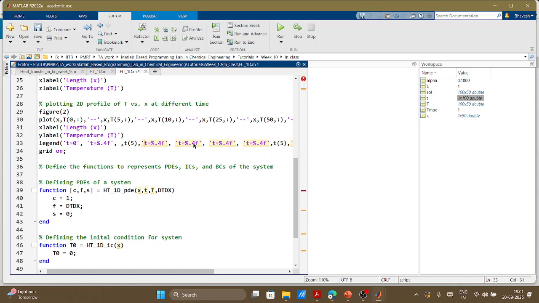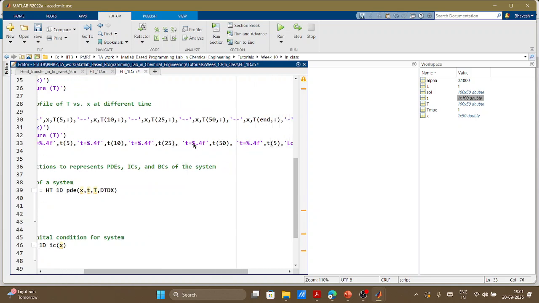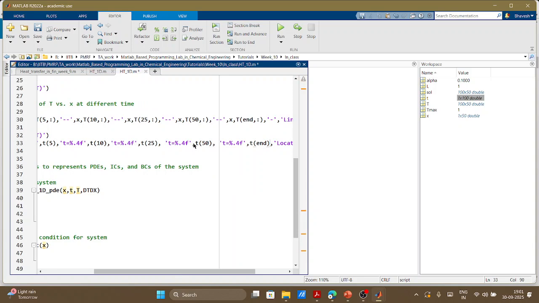I just forgot the command, so I'm just checking whether it will work or not. Sorry for that. 5, 10, then you have 25, 50 and the end value.